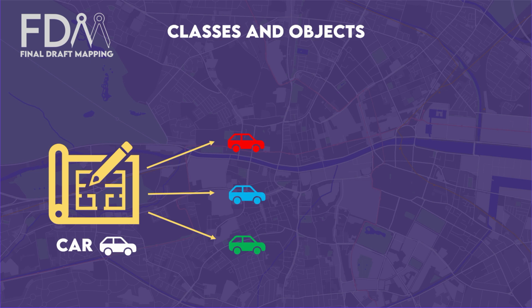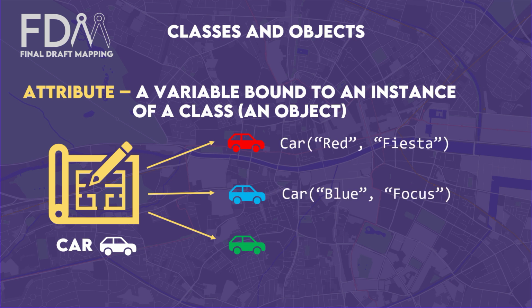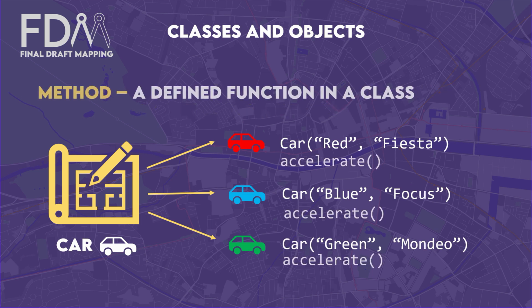And these are the attributes of the object. We used our blueprint to create a red Ford Fiesta, a blue Ford Focus, and a green Ford Mondeo. And all of our cars have access to the methods that were defined in our class, such as accelerate, brake, indicate, and so on. Let's throw to PyScripter and dip into how we create a class in Python.